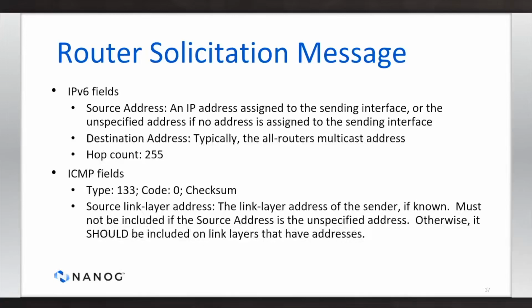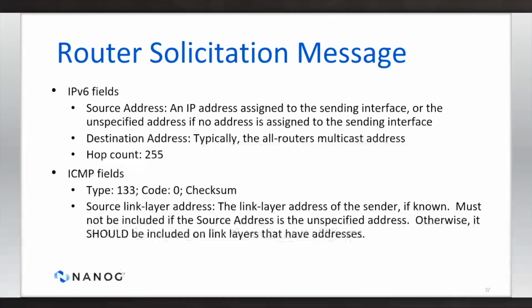So it sends one of these router solicitations with the unspecified address as its source. Typically, the destination is the all routers multicast address, a well-known address. And the hop count is 255. Now, there's a reason for this. This is another security thing.